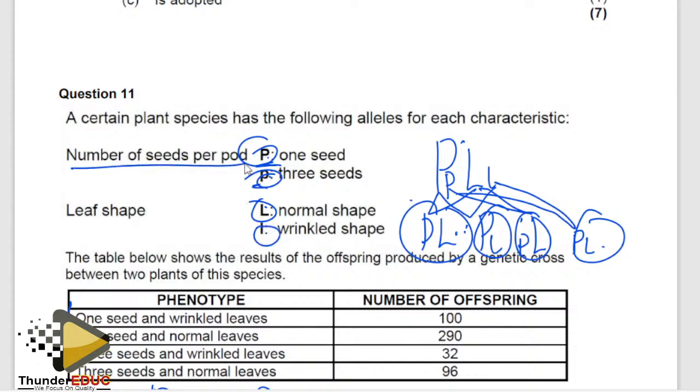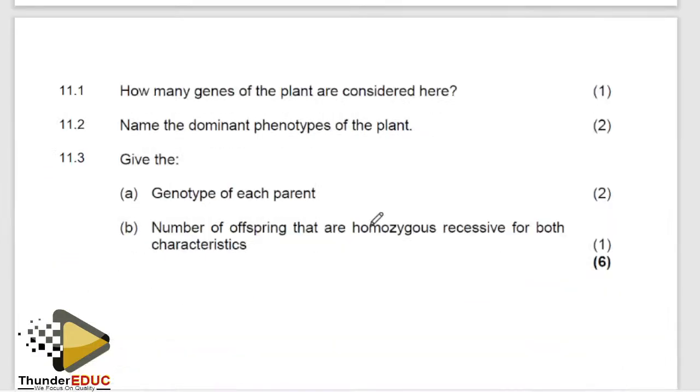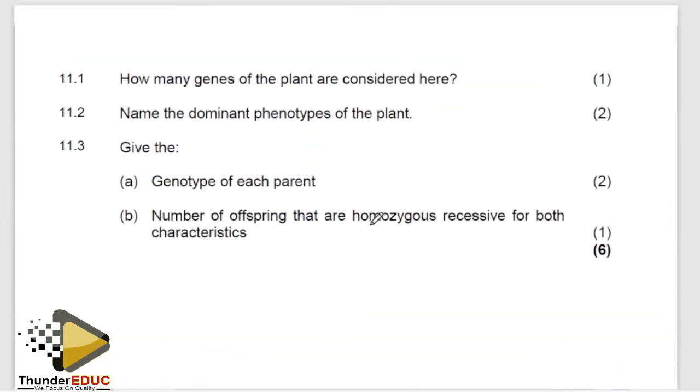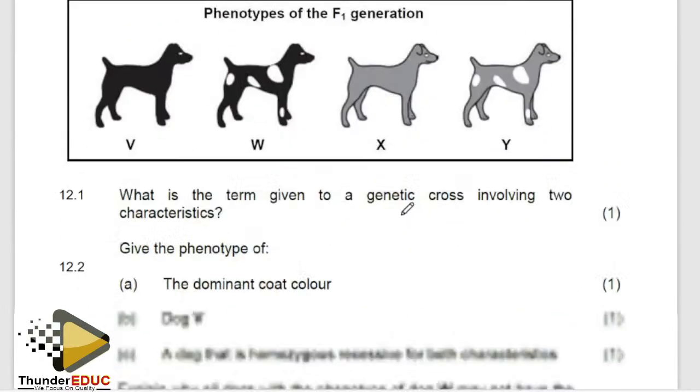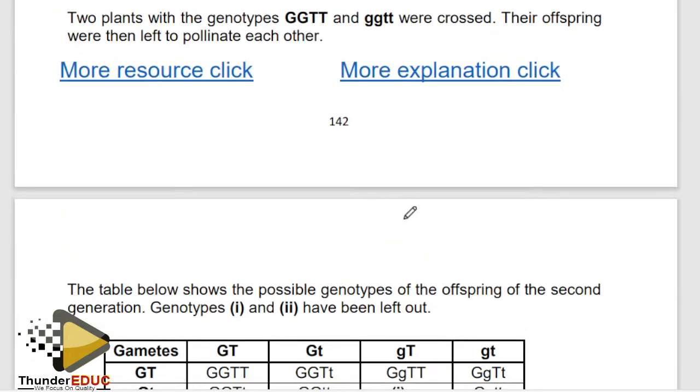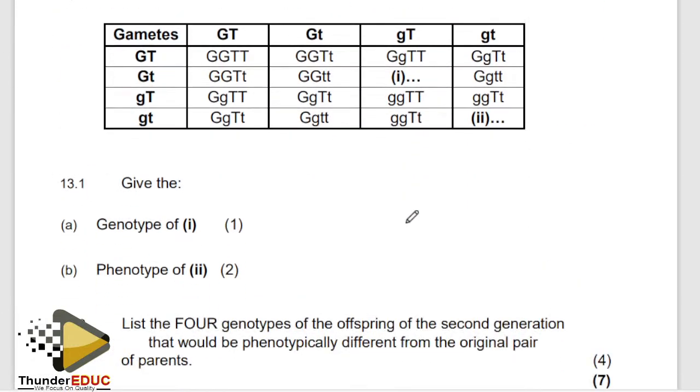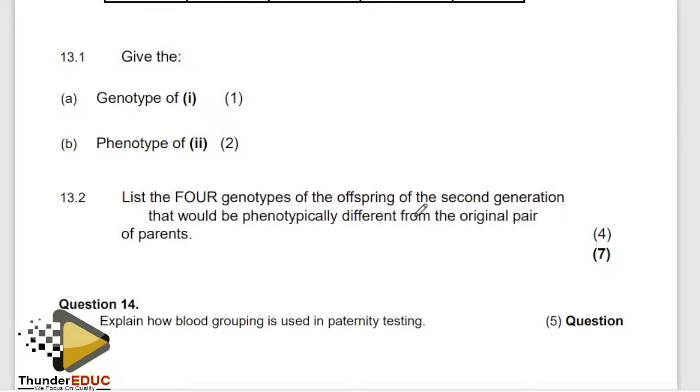But there are 2 genes: genes for the number of seeds per pod and the shape of the leaf. So guys, the dihybrid is simple. Just make sure that you do it. It's the same thing here. No one is going to ask you to cross.